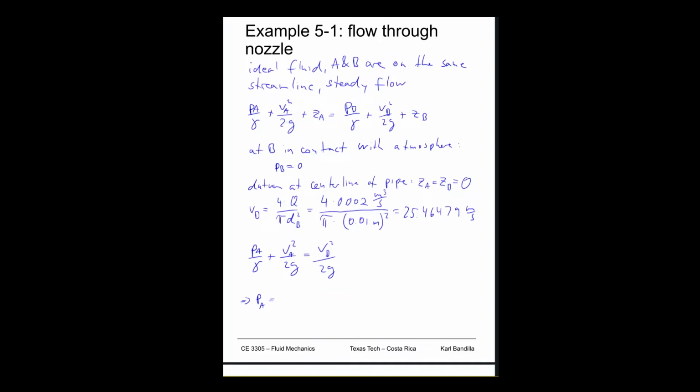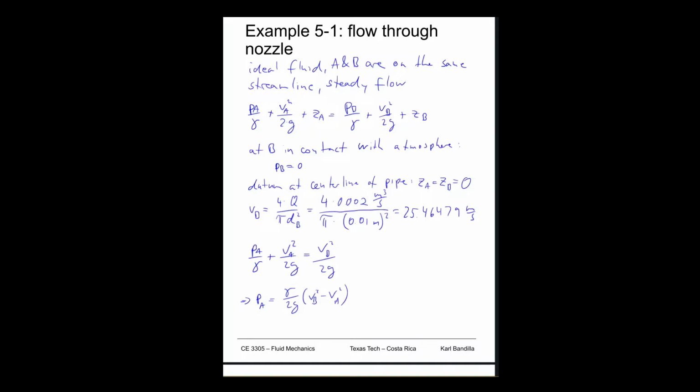So we would have gamma over 2G of VB squared minus VA squared. Right, that's just writing it in a slightly nicer way.